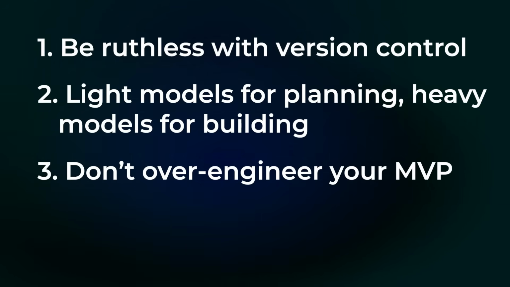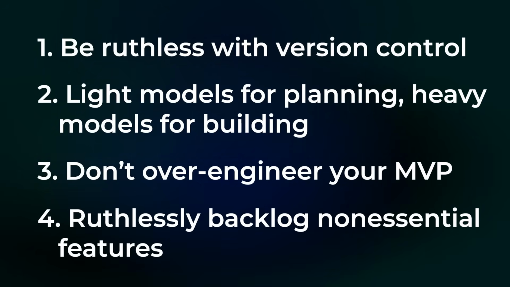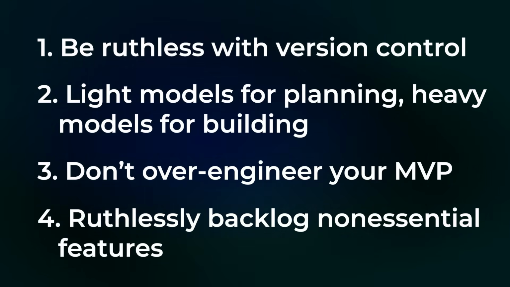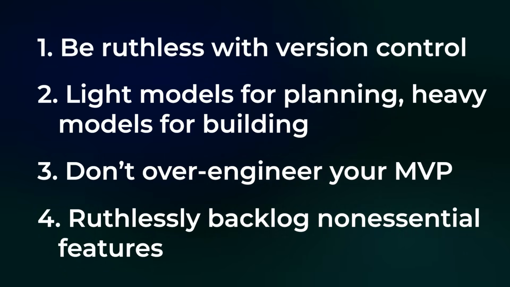And the last learning, number 4, start backlogging things that are not a critical necessity very ruthlessly and very early. Do not spend time building out features that are a nice to have. The point of this exercise is to go through and build out an MVP quickly.